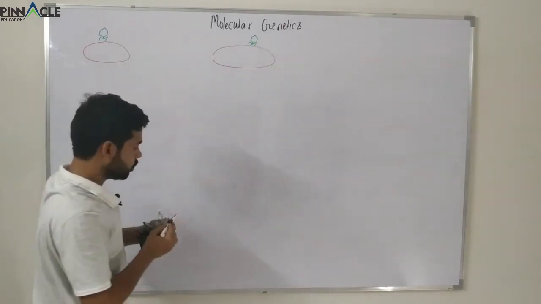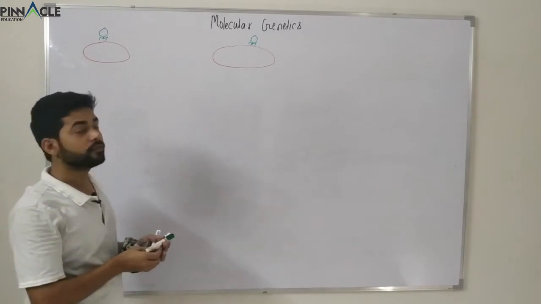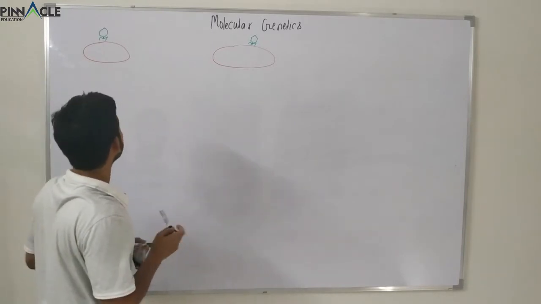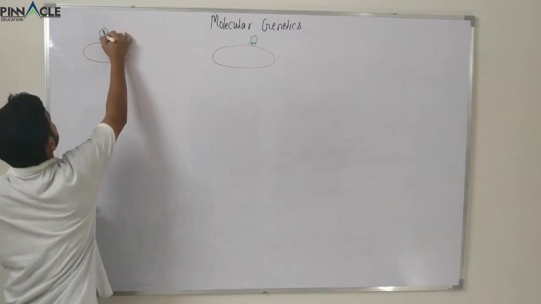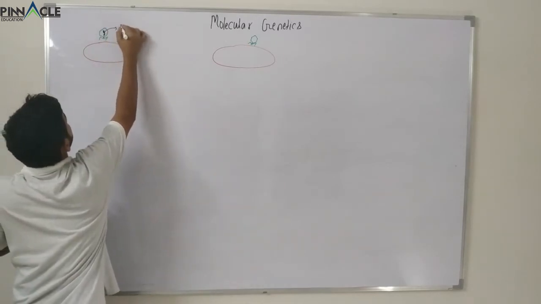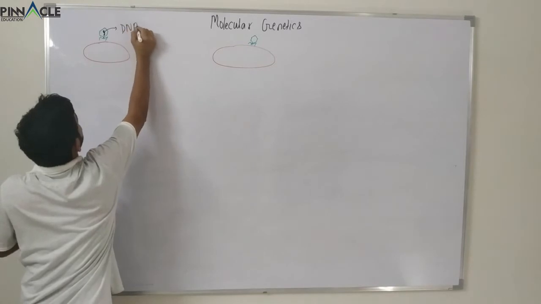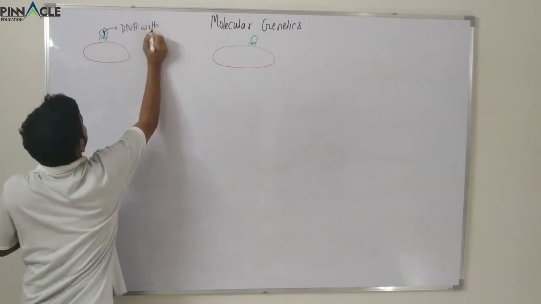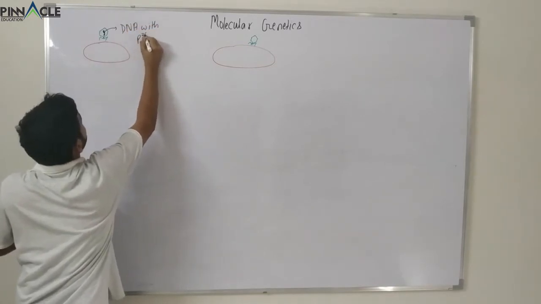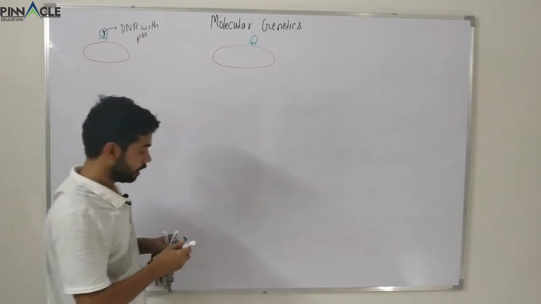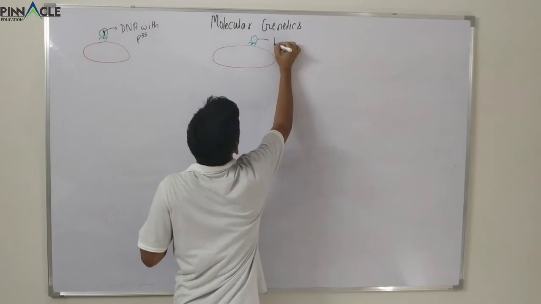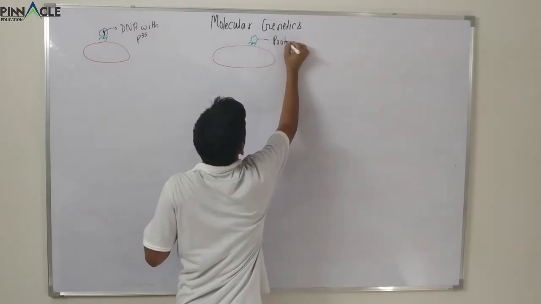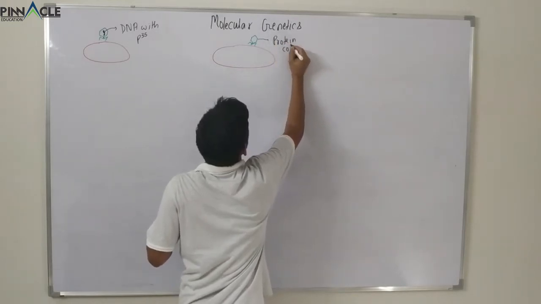So in both of these cases, their DNA were different. In this case the DNA was DNA with P35, that is radioactive DNA, and in this case the protein coat contained S32.